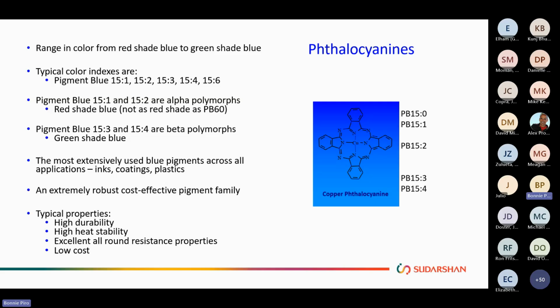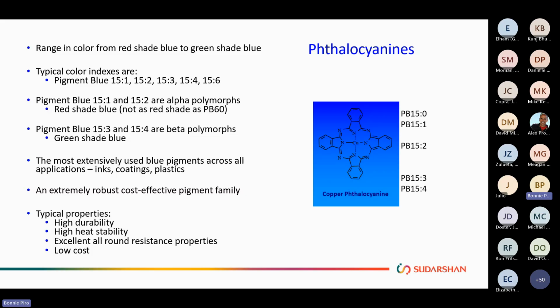The 15:1 and 15:2 are the red shades, or the alphas. Obviously, they're not as red as the other organic blue, pigment blue 60. And then the betas are 15:3 and 15:4 on the green side.